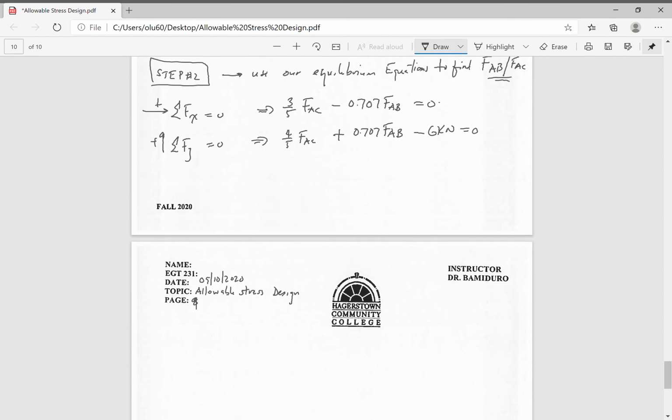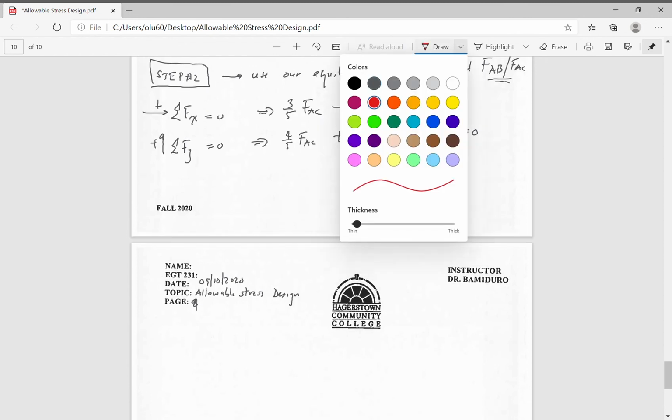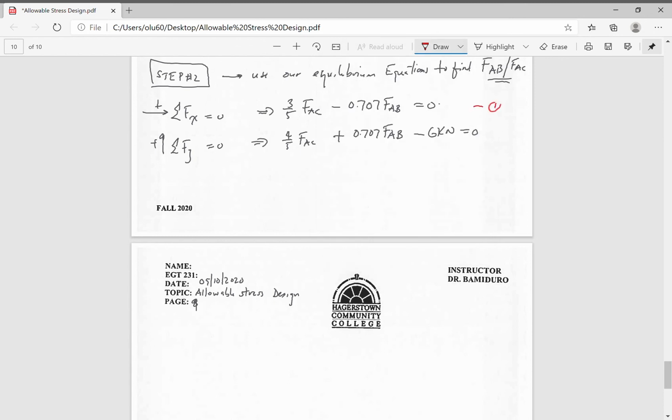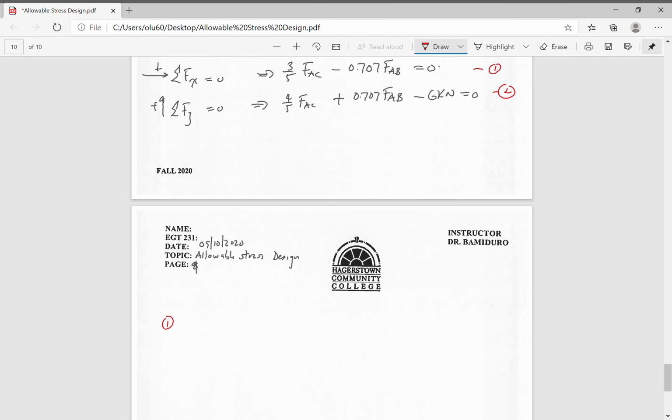So now we have equation 1 and equation 2. Let's rearrange this. For equation 1, we have 3/5, which happens to be 0.6 FAC, minus 0.707 FAB equals 0.